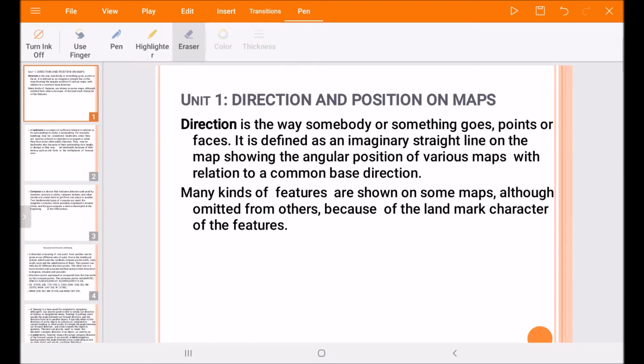Now, why is a map necessary? It is an important tool for geographers. Before we go into detail about direction, it's better to raise some points about the map. The exact model of the Earth is a globe, but it's better to transfer any geographical feature from a globe onto a map.